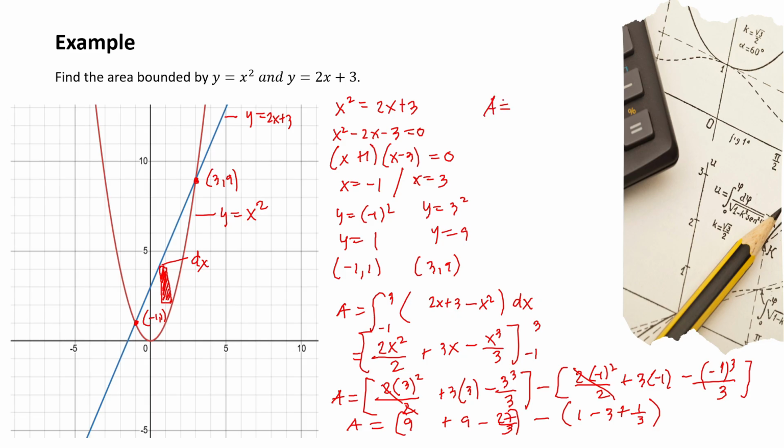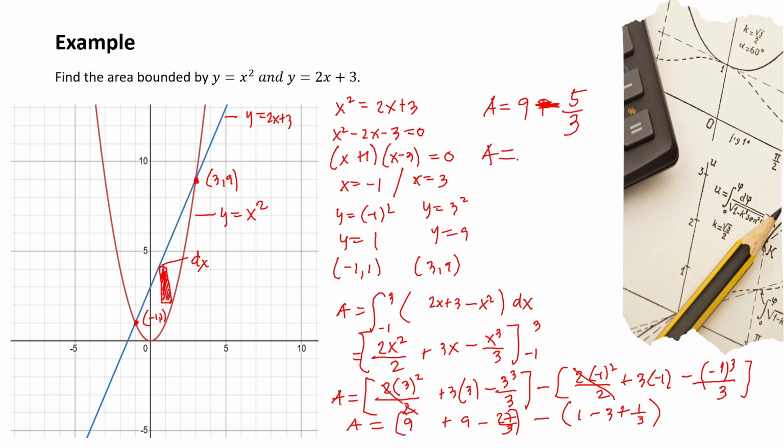So 9 plus 9 minus 27 over 3 is equal to 9, then minus 1 minus 3 plus 1 over 3, which is equal to 5 over 3.